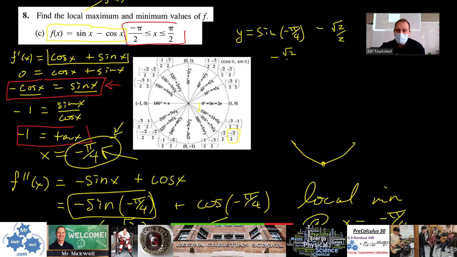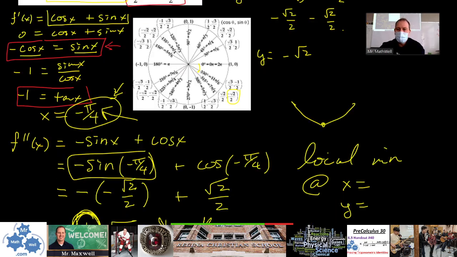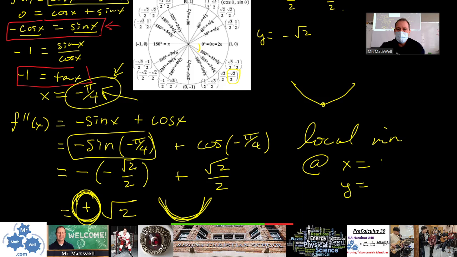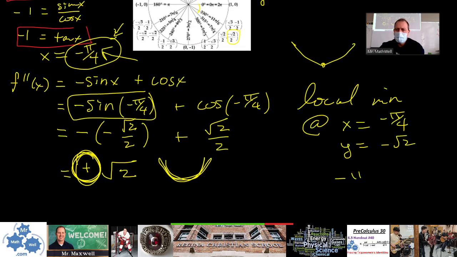So negative root 2 over 2 minus root 2 over 2, which is just negative root 2. Does that look good? So that's the y value. So x is negative pi over 4 and y is negative root 2.